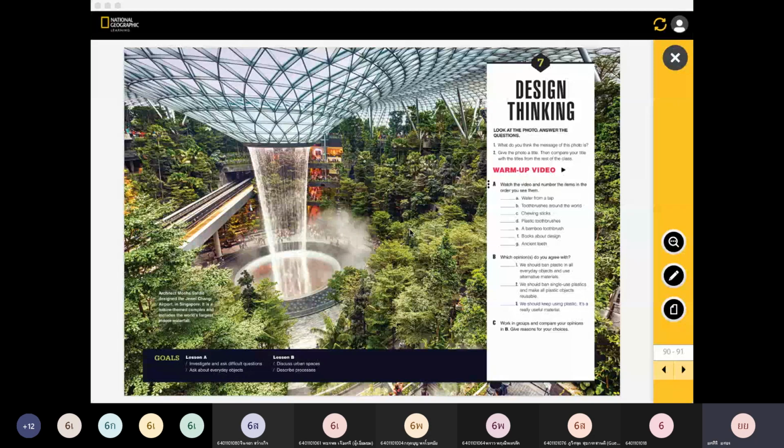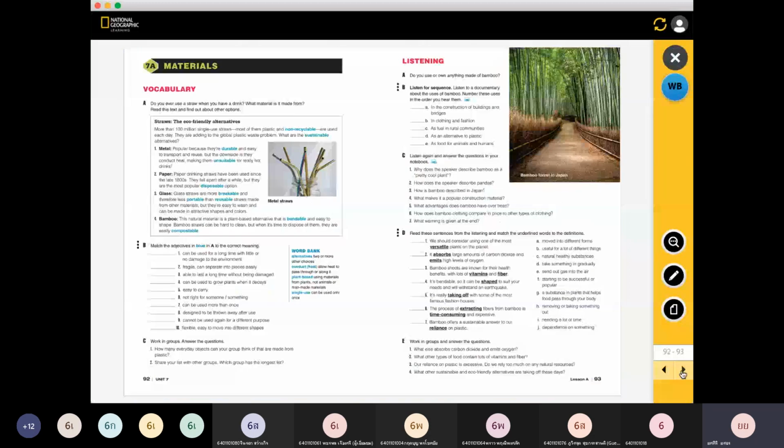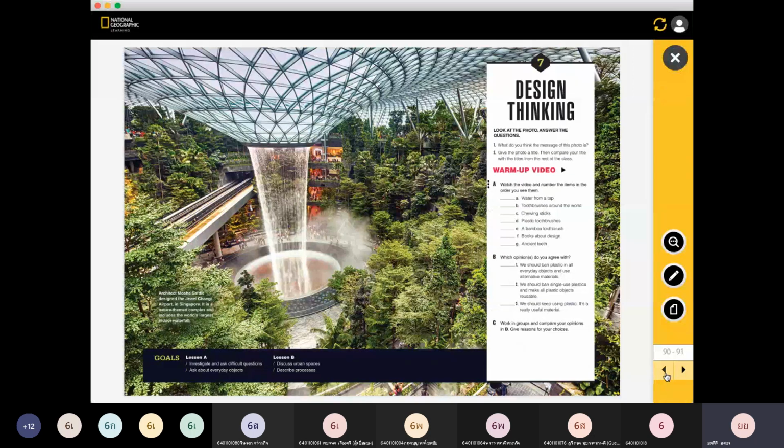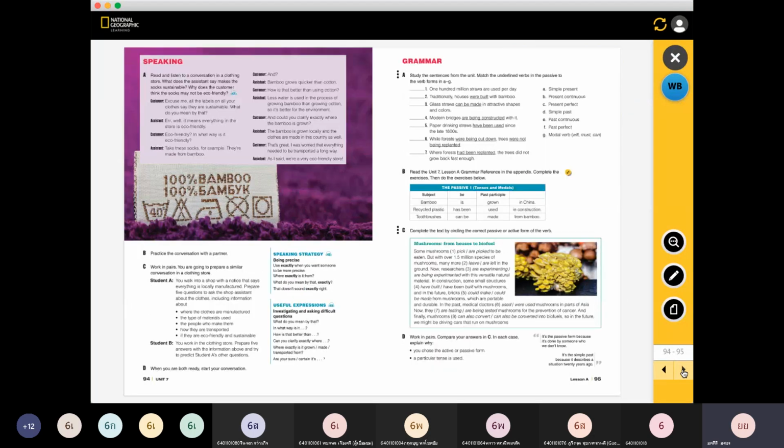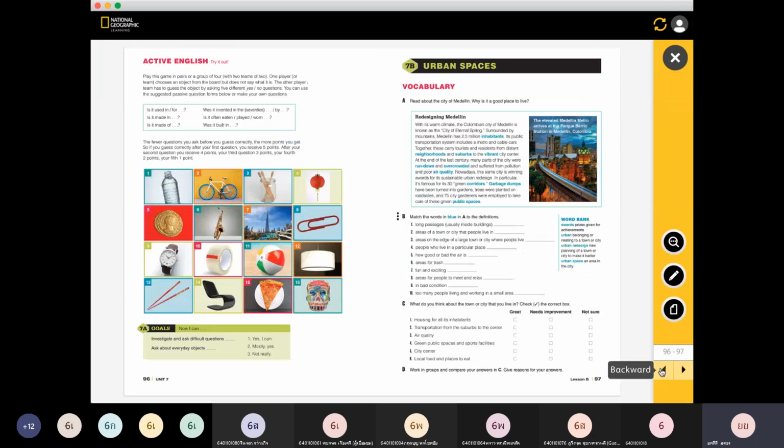So let's start with our first thing here. When you look at the picture, we think about design thinking. We talk about the first step, which has two parts. The first part is materials, and the next part is urban spaces.